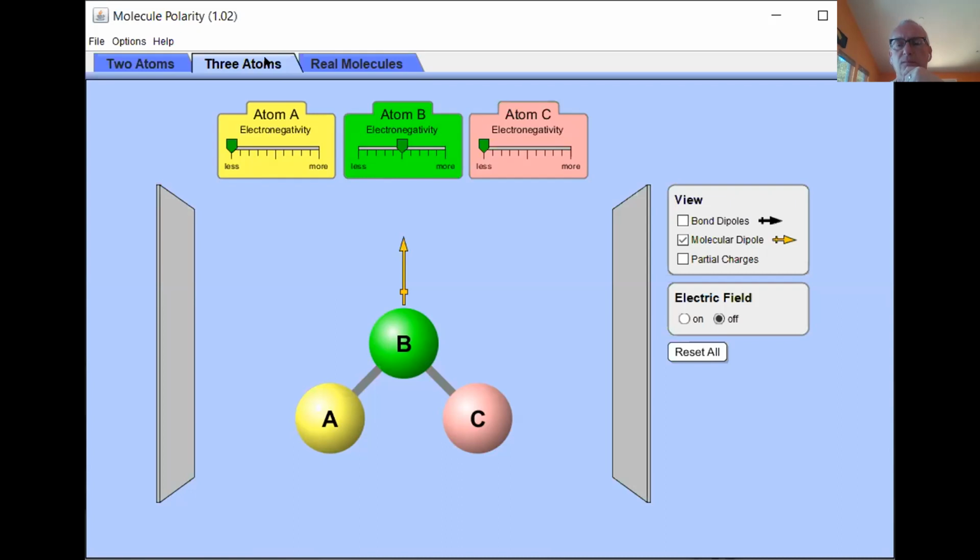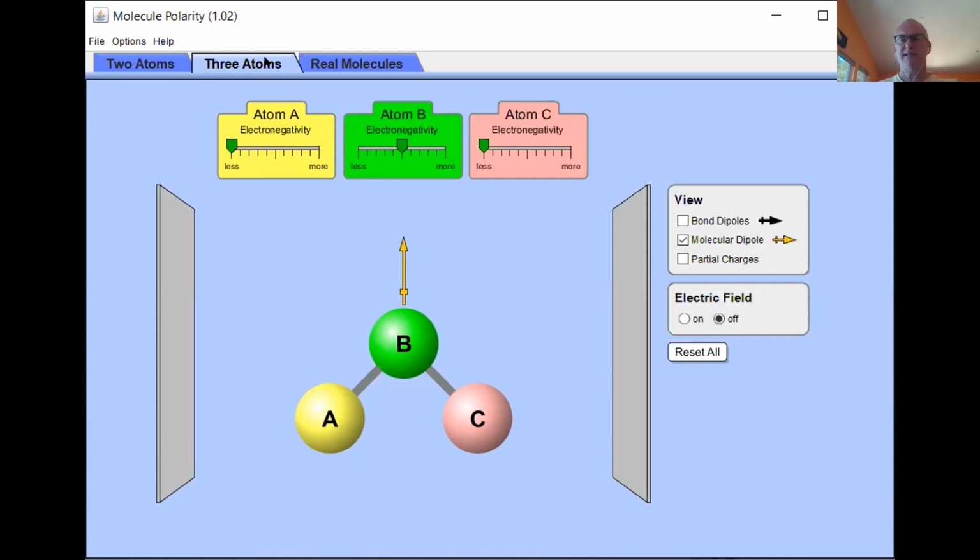Is the bond dipole between two atoms, and the molecular dipole is more of three atoms? Well, it could be 4, 5, 6, 10, 50 atoms. Three or more, creating a synergy. Yeah, I like that way of putting it. Creates a synergy.